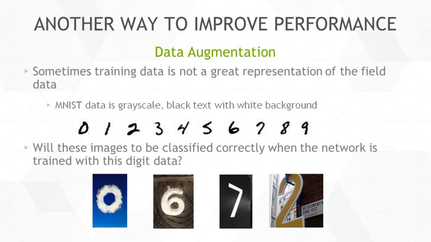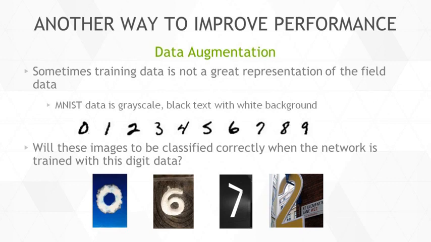I'll try reducing the learning rate. But in some cases, I don't really get the performance that I want. I want to improve the performance. And in some cases too, my training data is not a good representation, or isn't the best representation, of the input data I want to classify when I deploy my neural network.